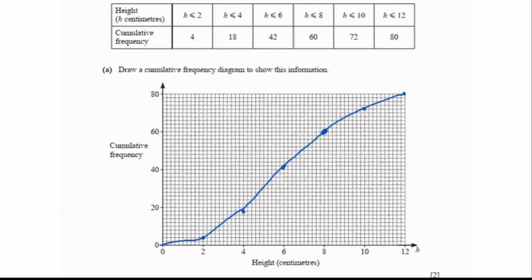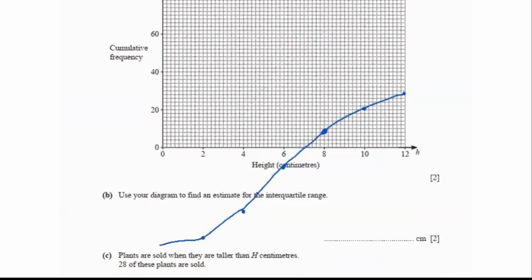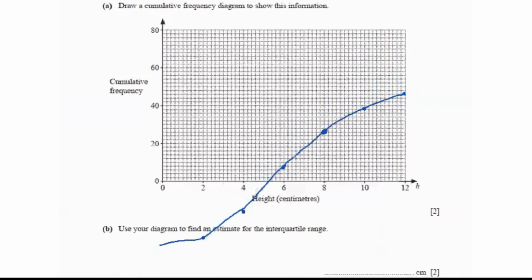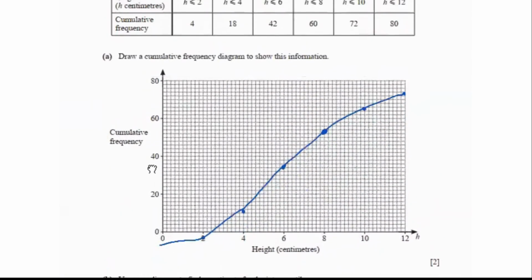And then they're asking us, use your graph to find an estimate for the interquartile range. And plants that are sold when they're taller than h centimeters, 20 of the plants are sold, find the value of h.